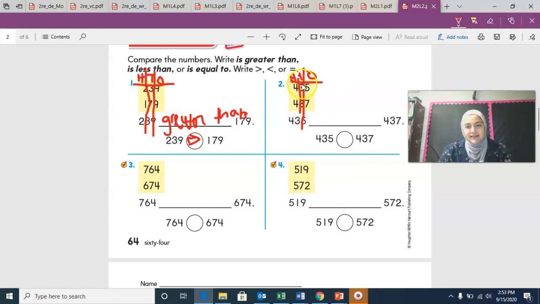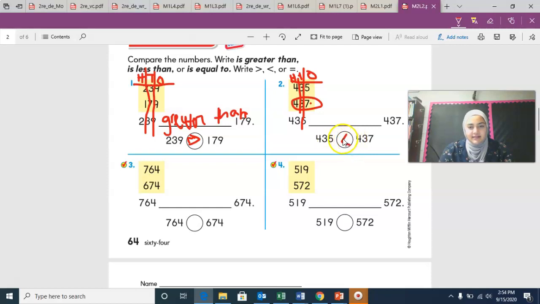In the tens place, the number is the same. 3 and 3, that's the same. So then we go on and look at the ones place. Which one is greater? The 7 is greater. So that means this 437 is greater than 435.